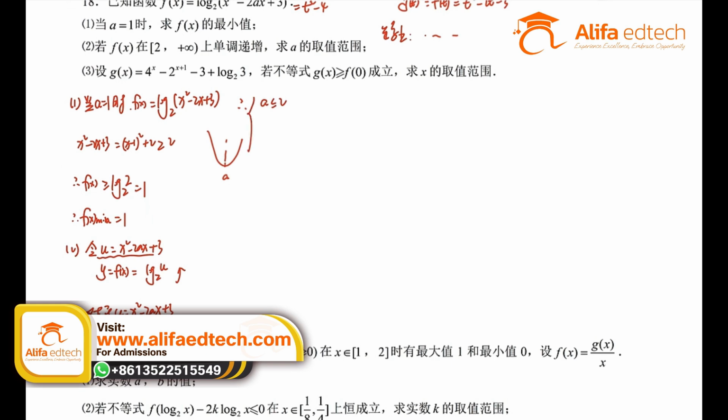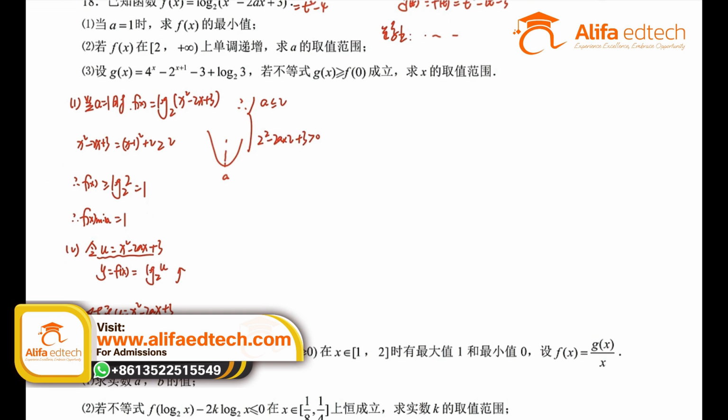At the same time, you need to satisfy that it's monotonically increasing from 2 to positive infinity. So the function value we get when we plug in 2, which is the value of u, must be in the position of the argument, so it must be greater than 0. So that means we have 2 squared minus 2a times 2, and then plus 3 must be greater than 0.